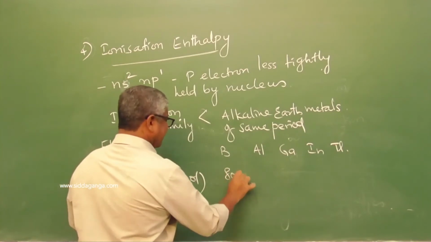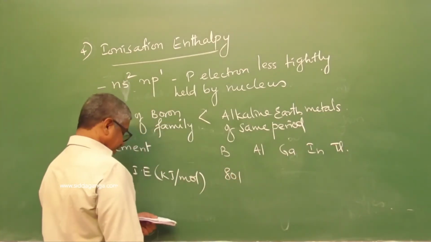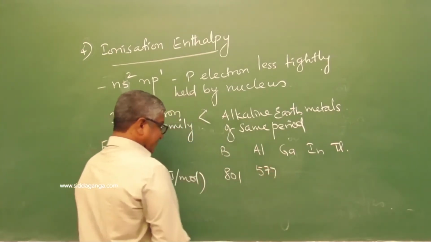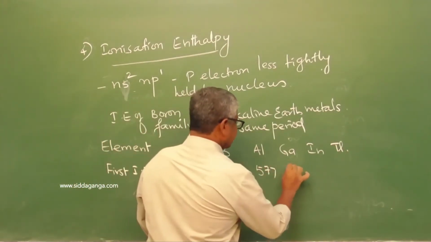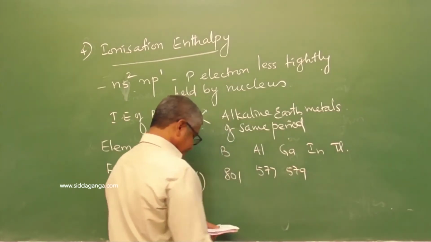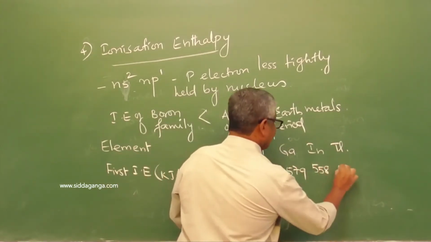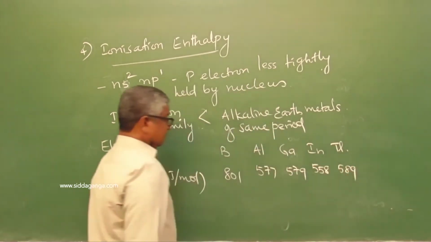Boron has the highest value of 801, aluminum 577, then 579, 558 and 589.